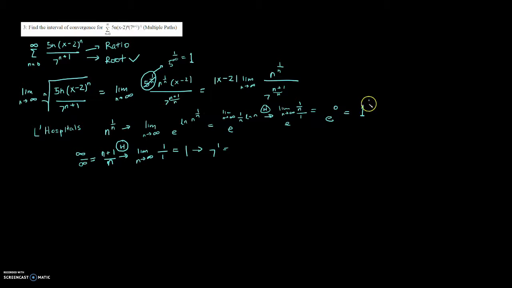Your limit will turn out to be 1 over 7 times absolute value of x minus 2, which is less than 1. Remember that when you're doing ratio or root test, if it's convergent, it is less than 1.